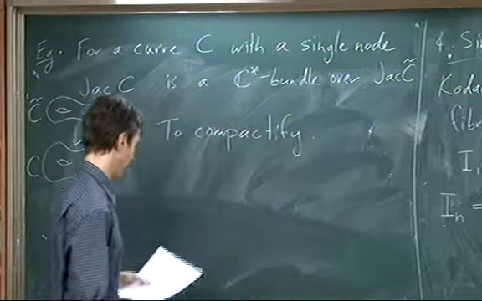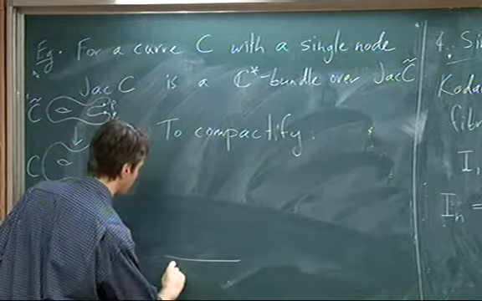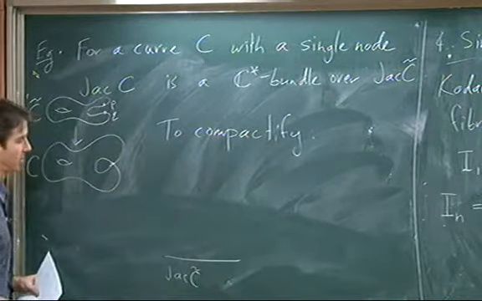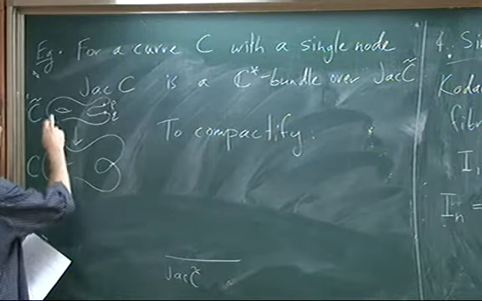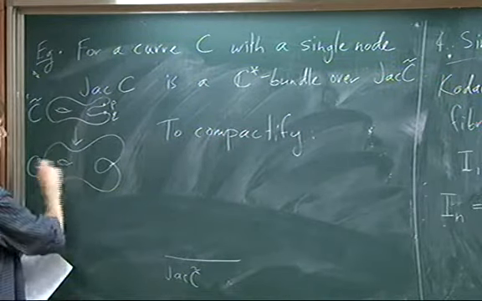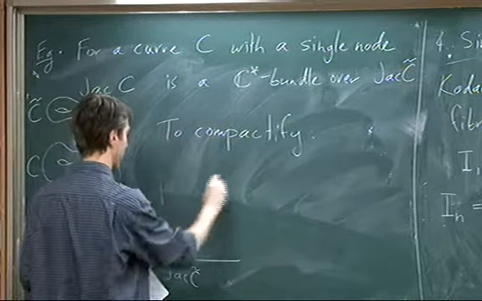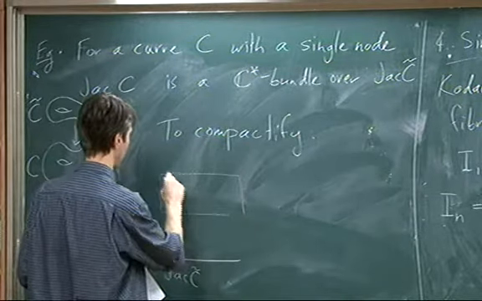So to compactify, what we do. First of all, this Jacobian of the normalization is an n-1 dimensional abelian variety, because this is genus n-1 if C is genus n. And so over that I have my C star bundle, right?